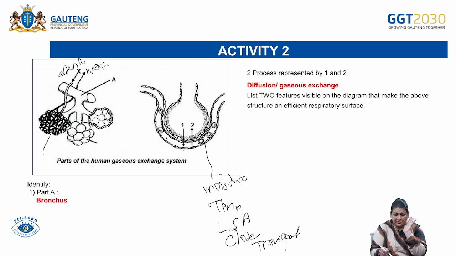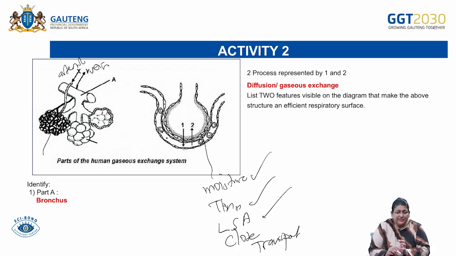Single layer of squamous epithelium for rapid diffusion. That is thin. There's moisture on the inside of the alveolus for gases to enter in a dissolved form. The alveolus is pouch-like, giving it a large surface area. The blood capillary and the alveolus are in close contact for rapid diffusion of gases.